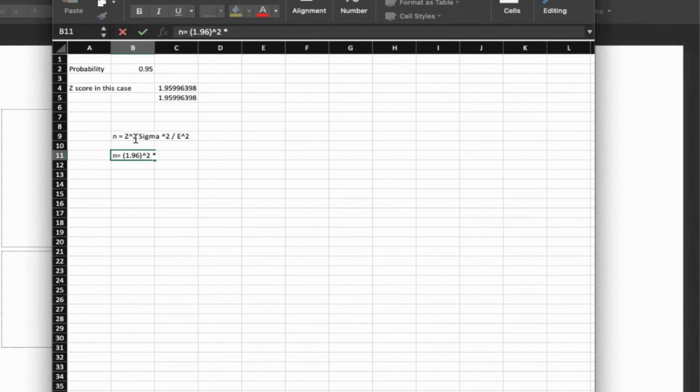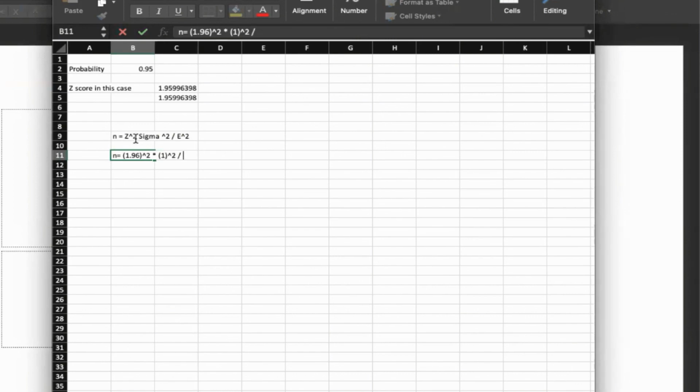Sigma is given here, it says a standard deviation of 1 inch, right? So the standard deviation is given as 1 inch in this question, squared, divided by E squared.